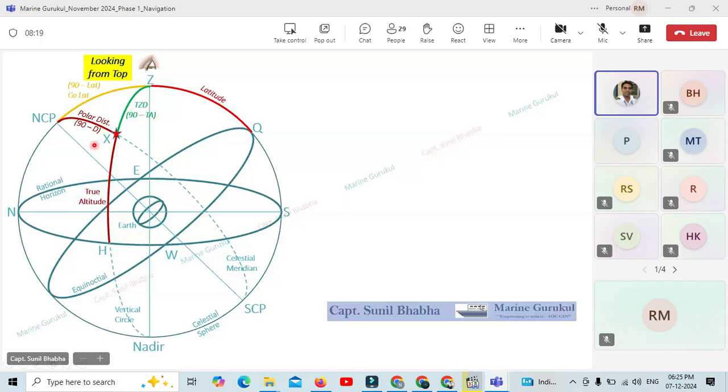First of all, we are only interested in that part of the celestial sphere which is above the rational horizon. That means this particular part, which contains the PZX triangle also. This is the part which we are interested in. We are not interested in the bottom part of the celestial sphere that is below the rational horizon, because that in any case will not be visible to the observer.